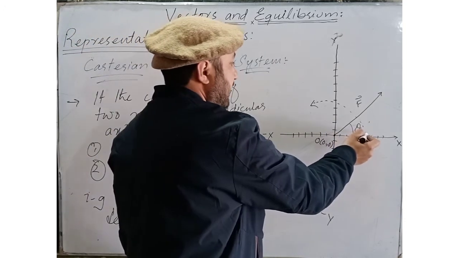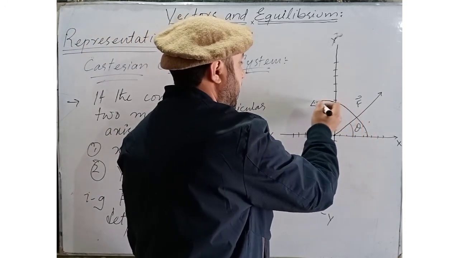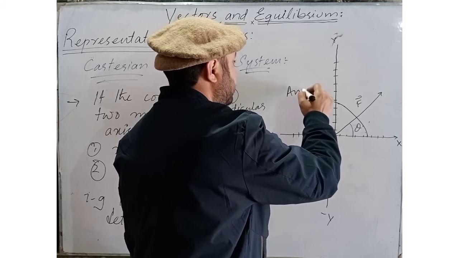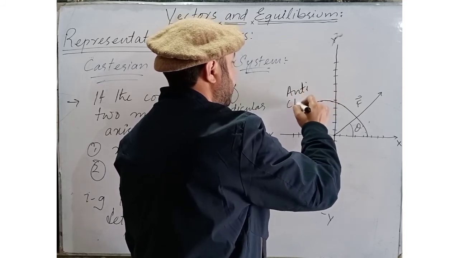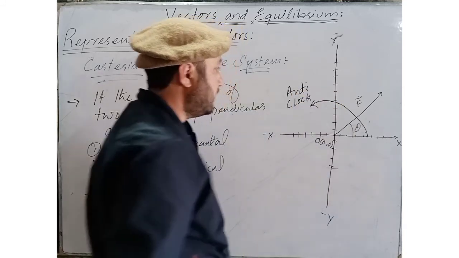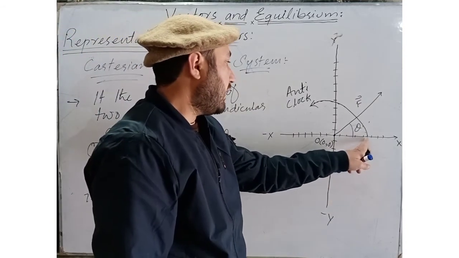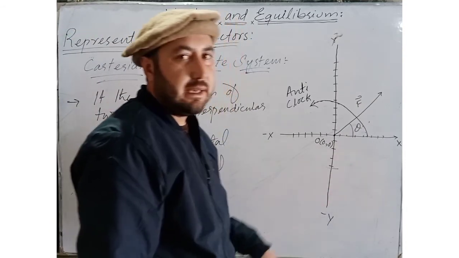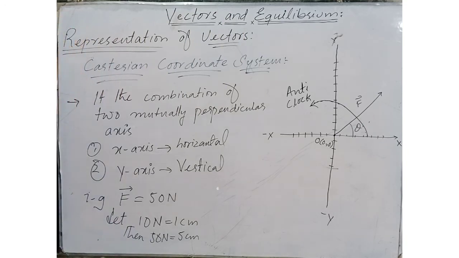So we measure theta in this direction, anti-clockwise. If you measure theta clockwise, you have to take negative values of theta. Okay, so this was the Cartesian coordinate system.